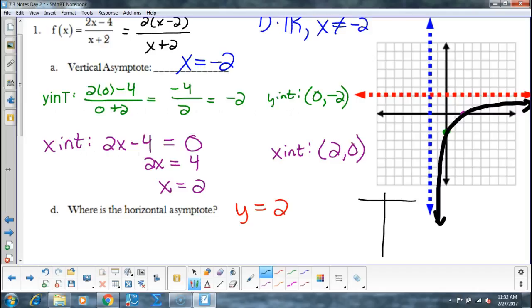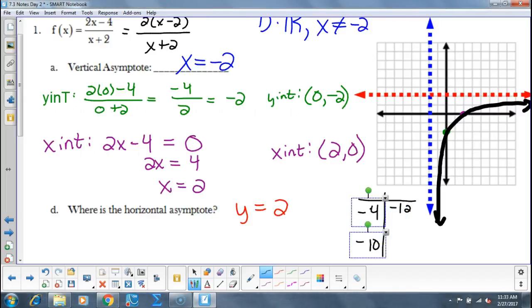Since this was a gap of 2, I'm going to try negative 4, and then let's go negative 10. So if I put negative 4 back into my function, 2 times negative 4 is negative 8. Negative 8 minus 4 is negative 12.